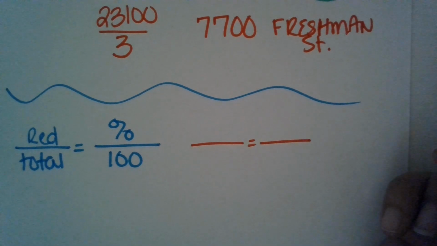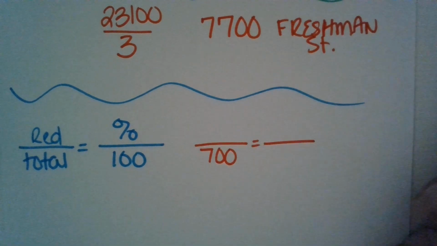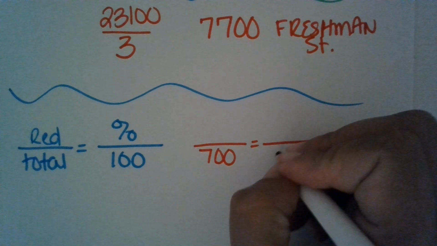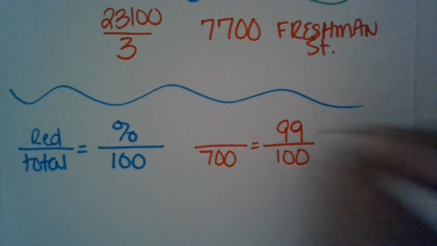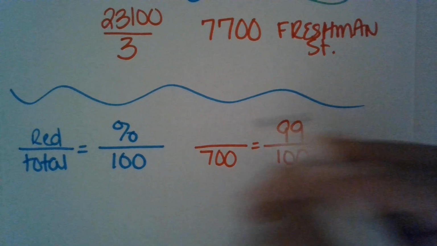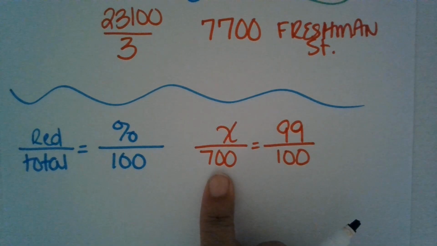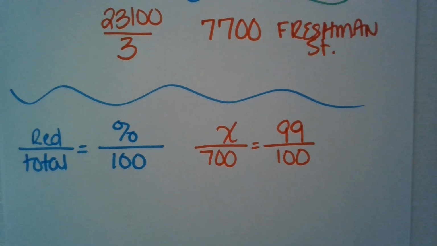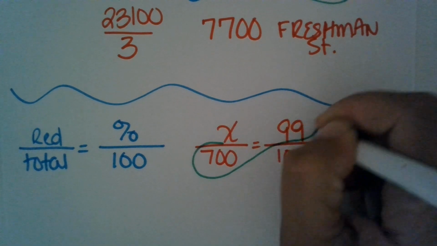Khadijah surveyed 700 of the students. So that's my total. She asked 700 kids what their favorite color is. Out of that, 99% said it was red. So that means I don't know how many kids like red out of this big number. So X is the top. Now again, to solve your proportion, we're going to cross multiply.